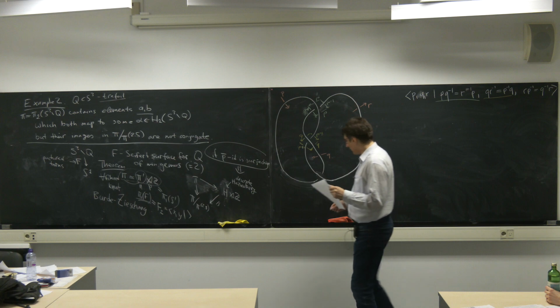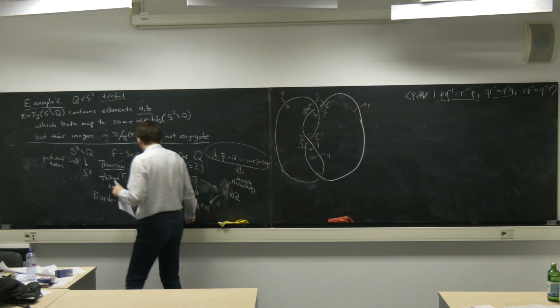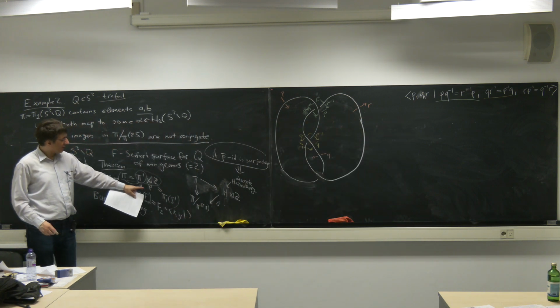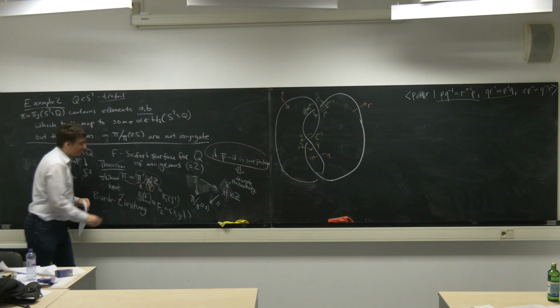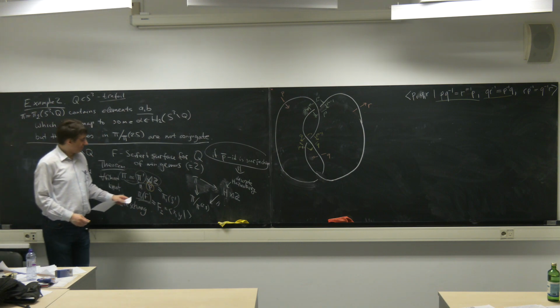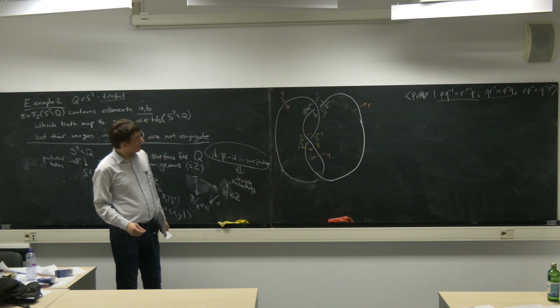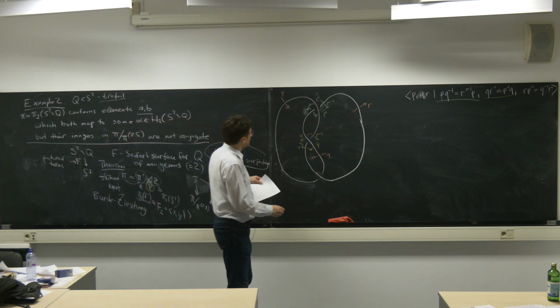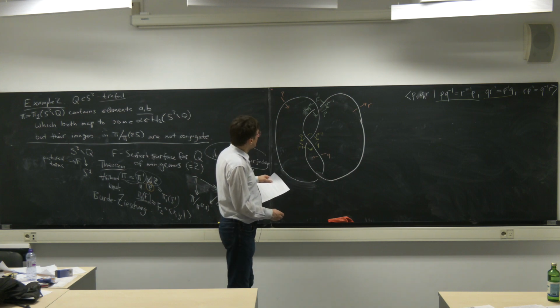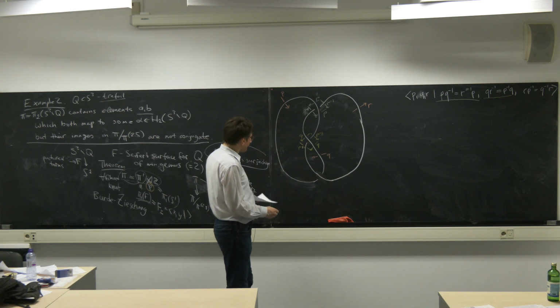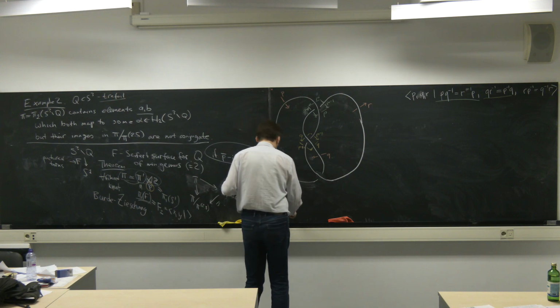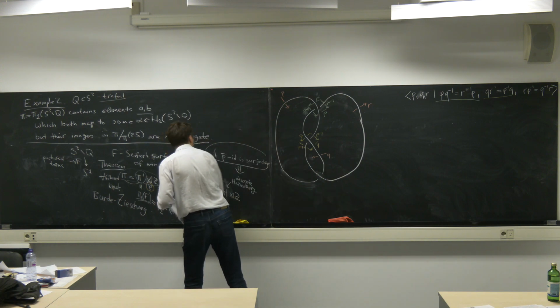Now I want to compute the monodromy algebra. I want to compute phi, because I want to relate it to the previous example. So let me draw some Seifert surface to start with.